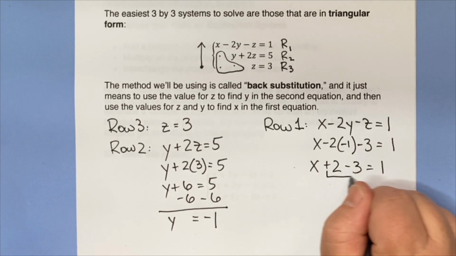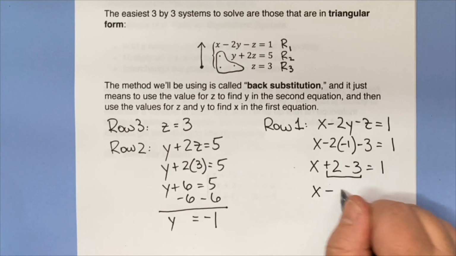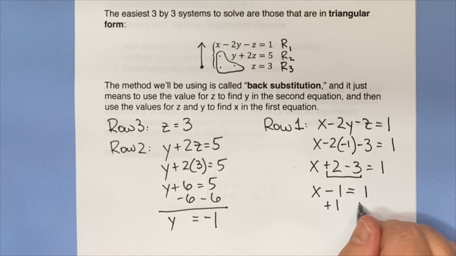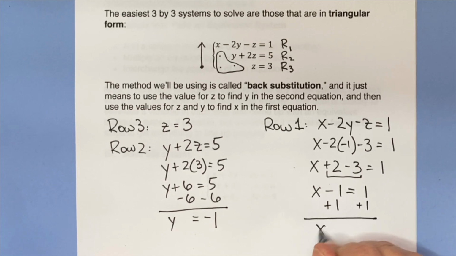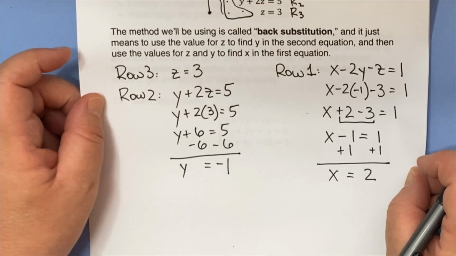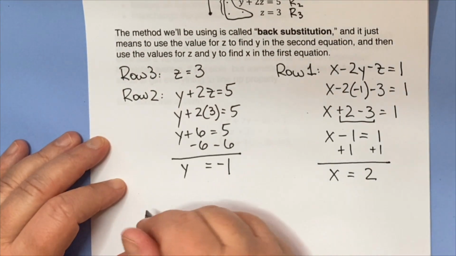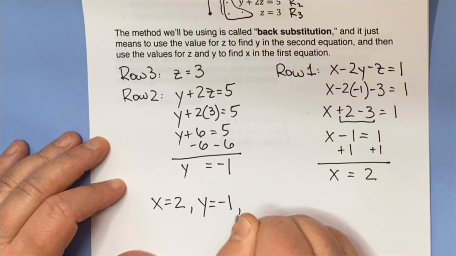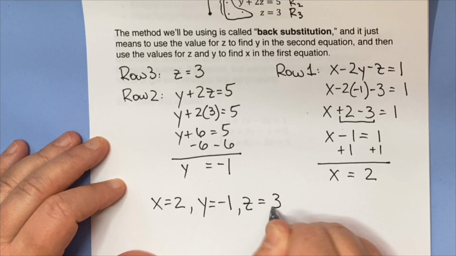I combine plus 2 and minus 3. X minus 1 equals 1. And then I add 1 to both sides. So I get x equals 2. So now I fairly quickly ended up with the answer x equals 2, y equals -1, and z equals 3.